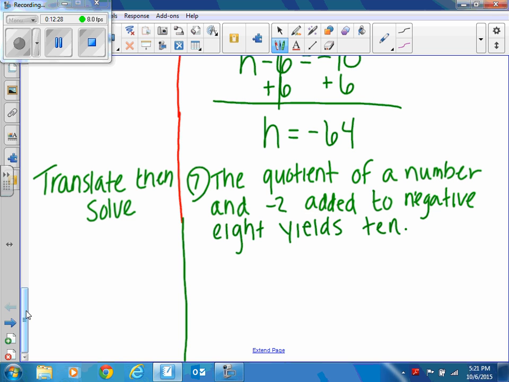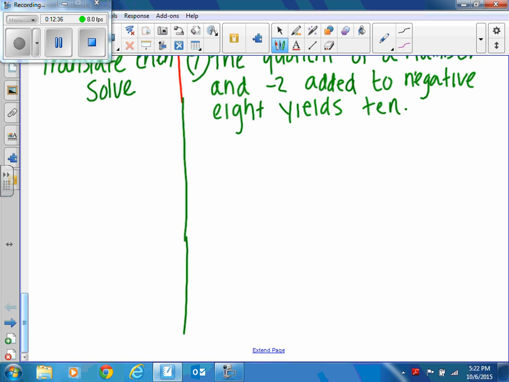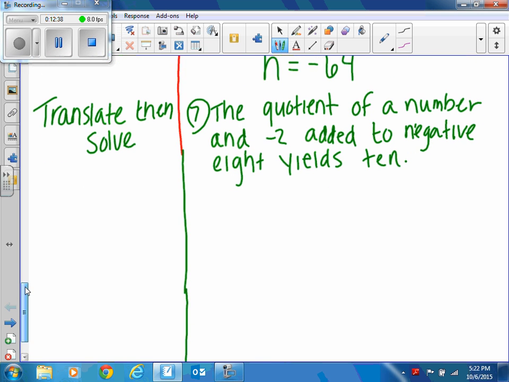Okay, and now these are all phrases and words that we worked with when we did the verbal expressions. So we should be able to create an equation and then solve it.